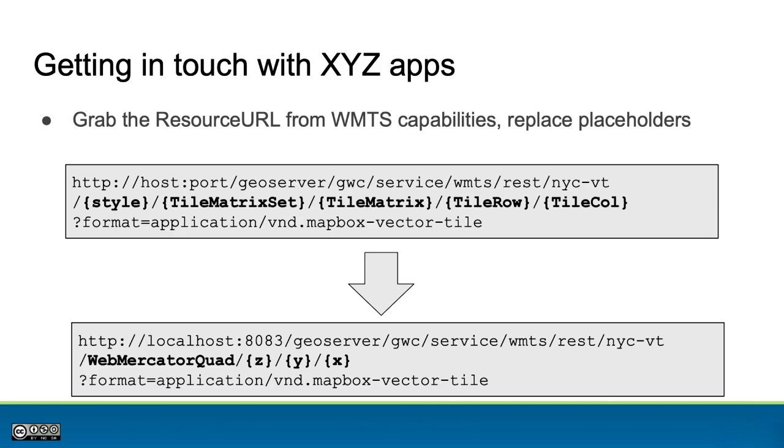So how do we do this? How do you actually take output from GeoServer and put it into this XYZ ecosystem? So you grab the resource URL from the web map tile server capabilities, where it's got this little template, and you copy and paste it and you replace it with Z and Y and X. So this is the easiest way to go from the GeoServer, which is standards-based, to this XYZ app ecosystem.